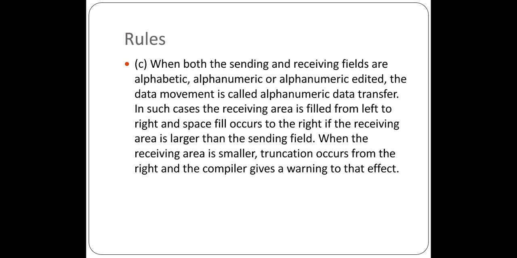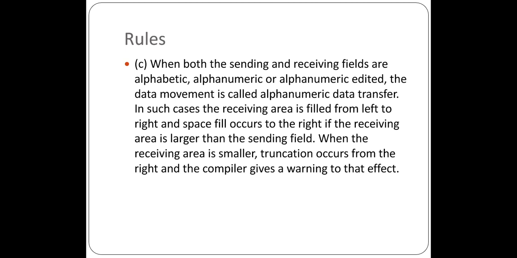At those times, what will happen? And in another example, suppose the sending field consists of 5 characters, and the receiving field is going to have only 3 character positions, at those times what will happen? So these are some problems that we have over alphanumeric data transfer.